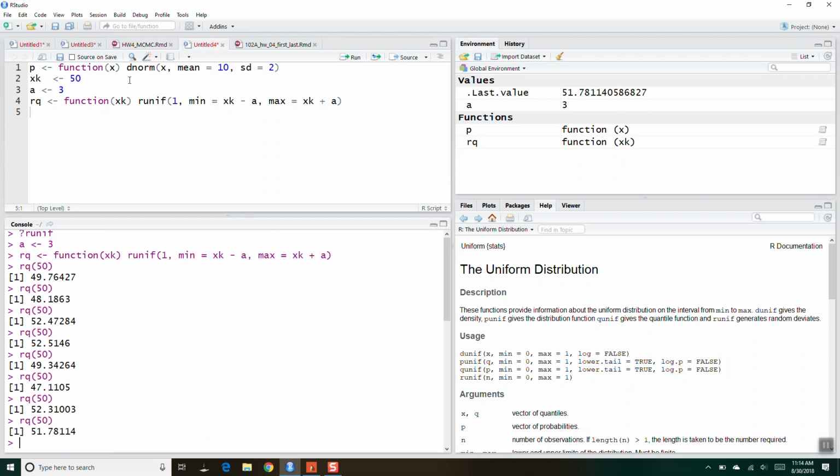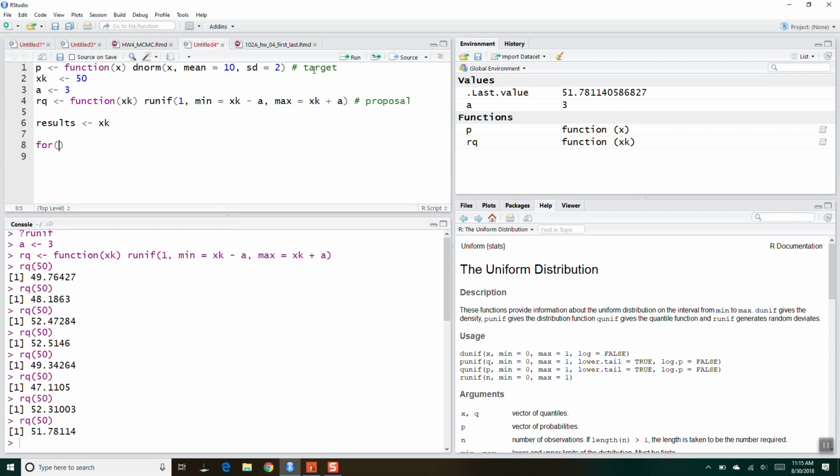Okay, so we have our target PDF. This is our target, and this is our proposal. Okay. And all right, so let's just try this, right? So for our chain, I'm going to create results, and we'll start off with 50. Okay, we'll start off with xk, and then we'll say for i in 1 through 1,000.